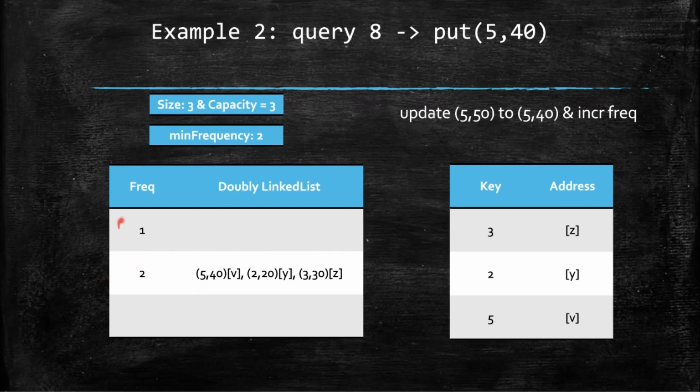So that will leave me with an empty doubly linked list at frequency number 1. So I will increase the minimum frequency by 1 here, right? As the minimum frequency 1 doesn't contain any doubly linked list, I will increase the minimum frequency there, right? So let's move on to the explanation.